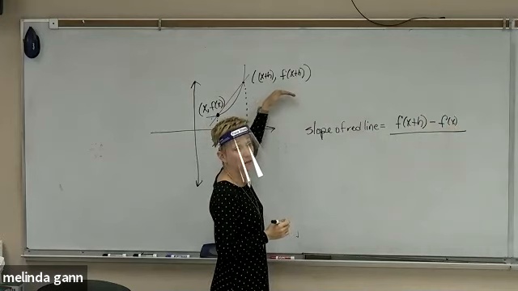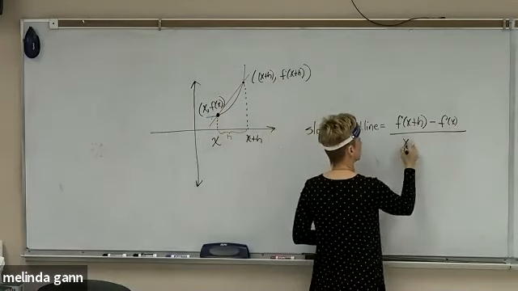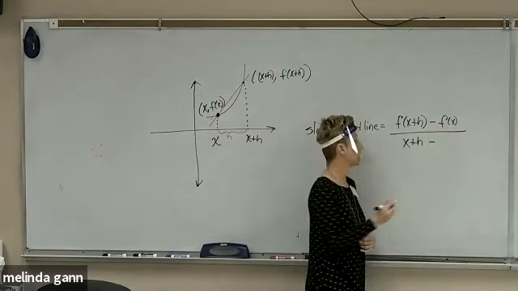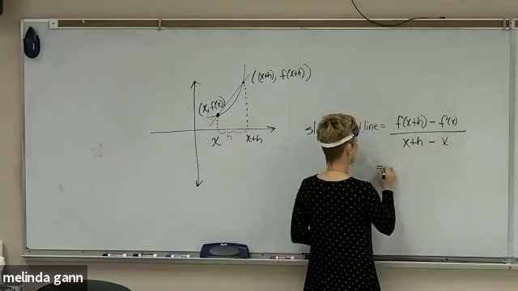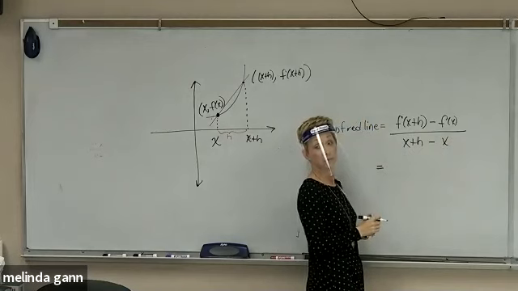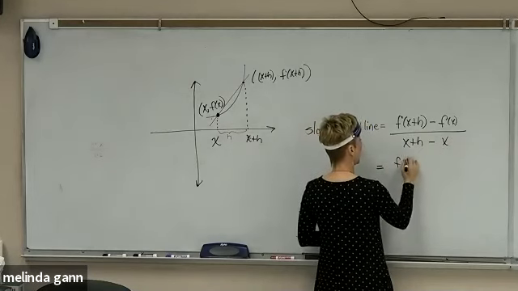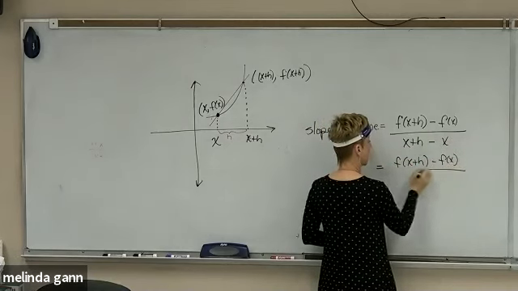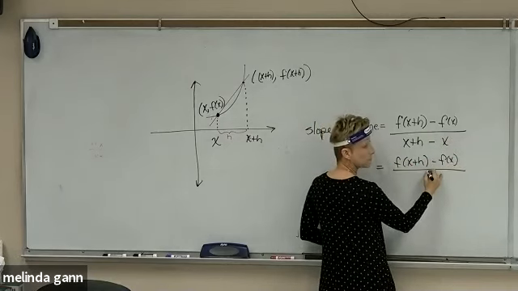X plus what? H. Minus, what's your X1? All right, so that bottom simplifies a little bit. What goes out on the bottom? The x's, so I get F of X plus H minus F of X all over what? H.